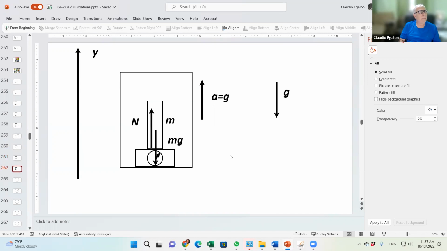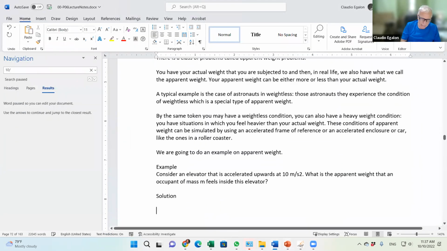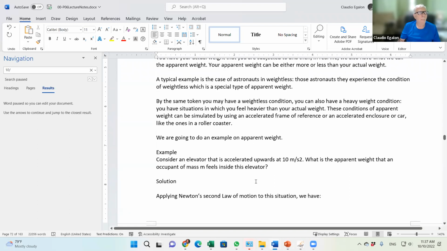And now we apply Newton's second law of motion to this situation.